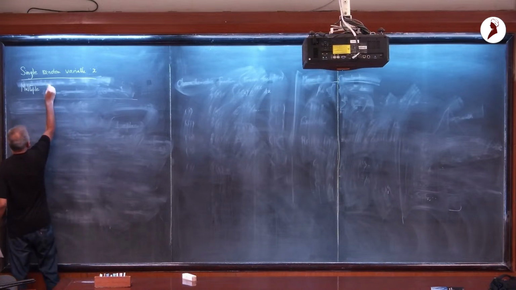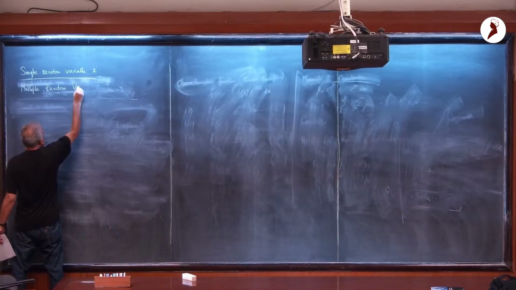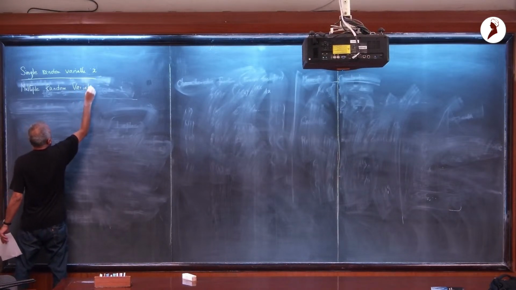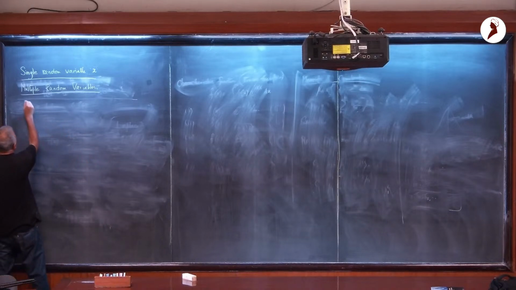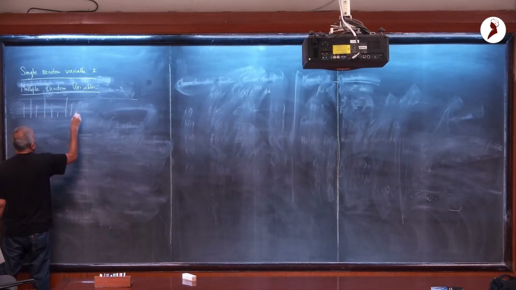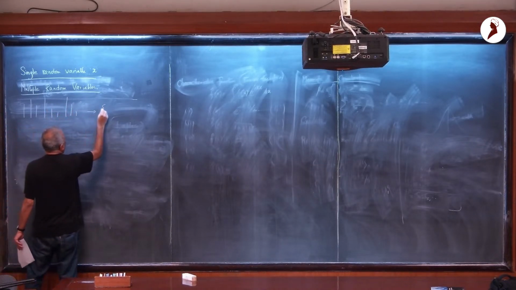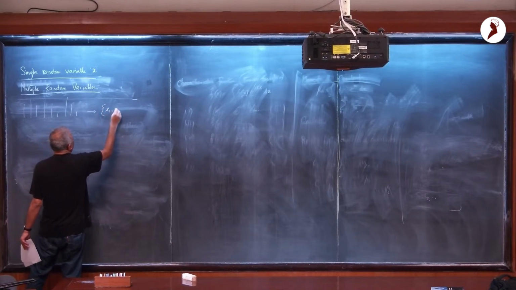So now we look at multiple random variables. Remember that our basic setting was that we had a sequence of random variables x1, x2, x3, xn, etc. These are the entries of my time series.